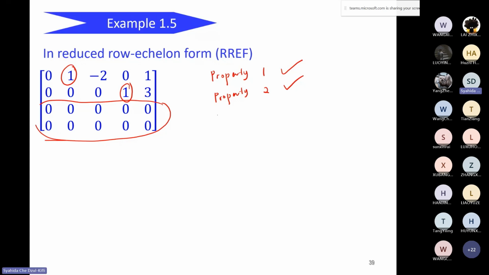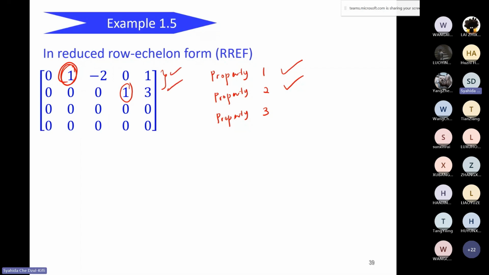Then property 3. In property 3, we have to identify all leading ones, and check each pair of successive rows. Let's say row 1 and row 2. The leading one at the lower row is on the right side of the leading one at the upper row.